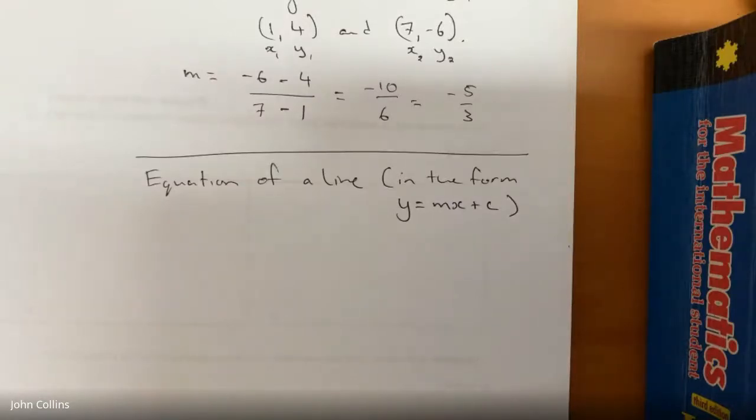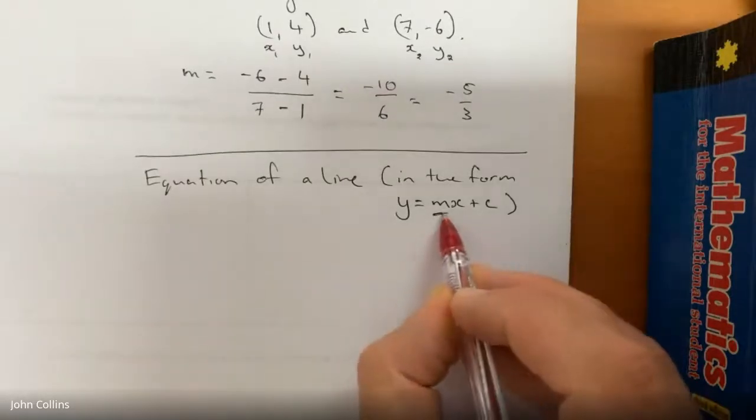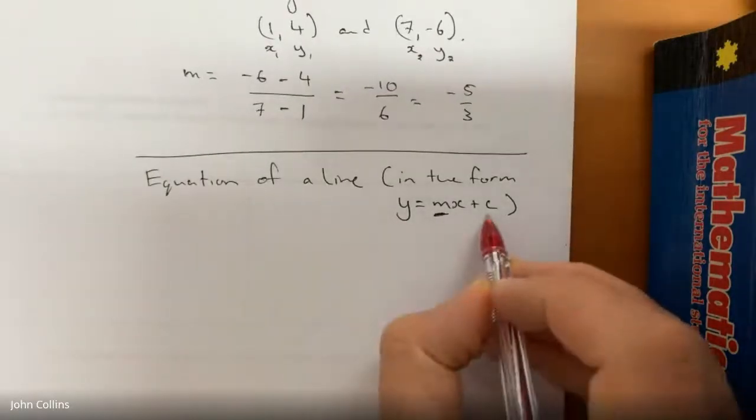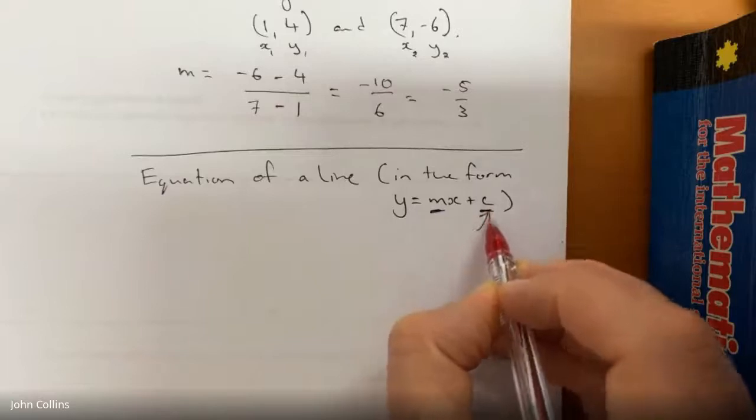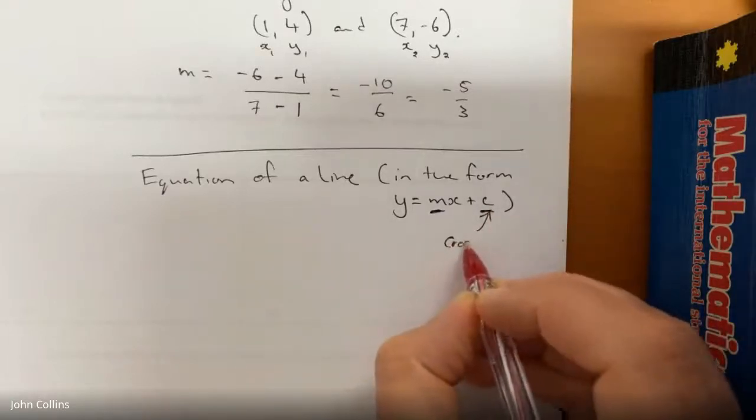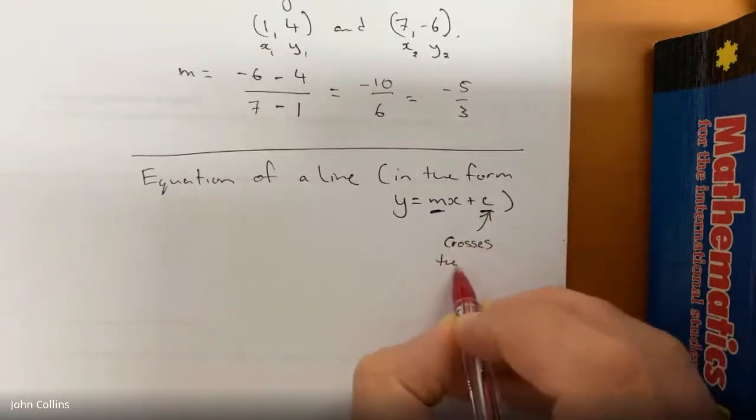It's a quick way of writing the set of points. Instead of having to say every point along a line, you can say the set of points. So they're related. All of them are related by the slope and c. And c is where a line crosses the y-axis.